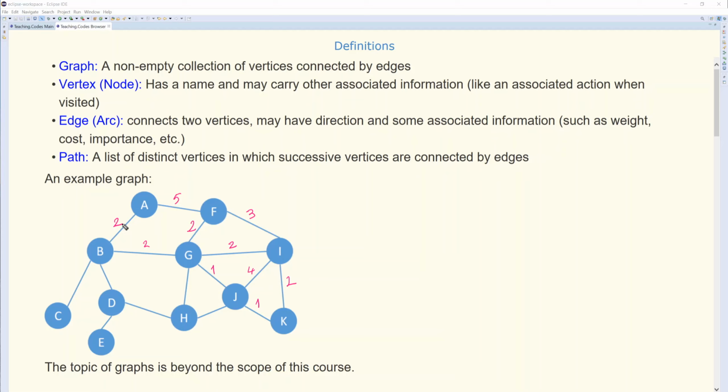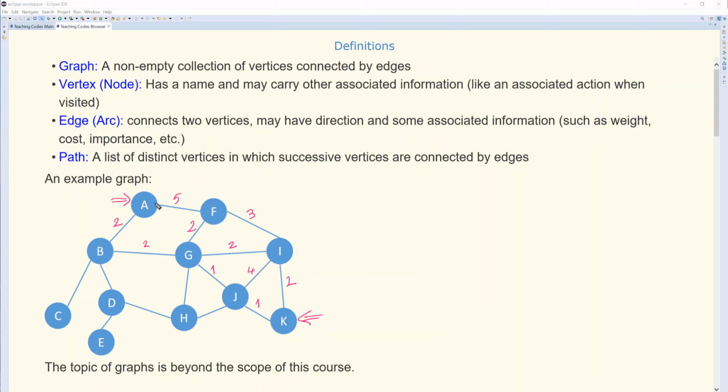Now, for example, if you ask Google Maps to find you the path from A to K, which has the lowest cost, where cost is defined as the length of the roads, then Google Maps will look at it.